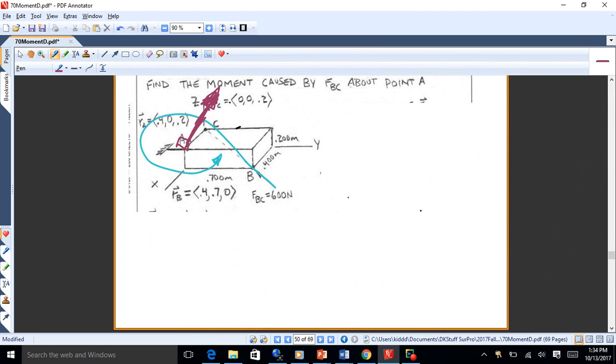Questions? So the moment vector is normal to the plane in which it occurs. Right, defined by the right-hand rule. Yeah. Okay. If the vector was going in the opposite direction? Which vector? The moment vector. If it's the opposite direction, would that rotate the other way? Yes. If the moment vector were pointing down instead of up, that would infer that the force is going that way, and the net moment is rotating the other direction.